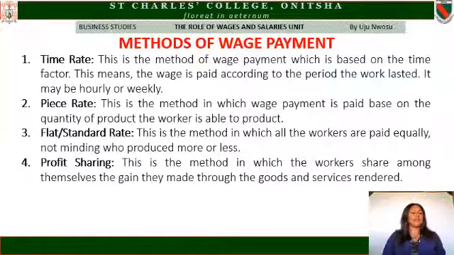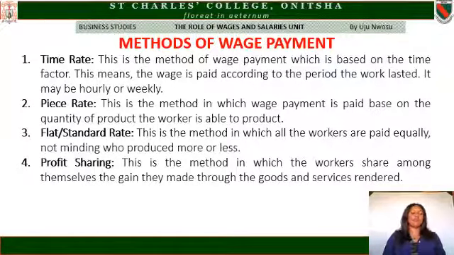Number 3, flat or standard rate. This is the method in which all the workers are paid equally, not minding who produces more or less. In this particular method, every worker will be paid an equal amount of money, not minding who is stronger or the strongest and who is the weakest among them. All right.